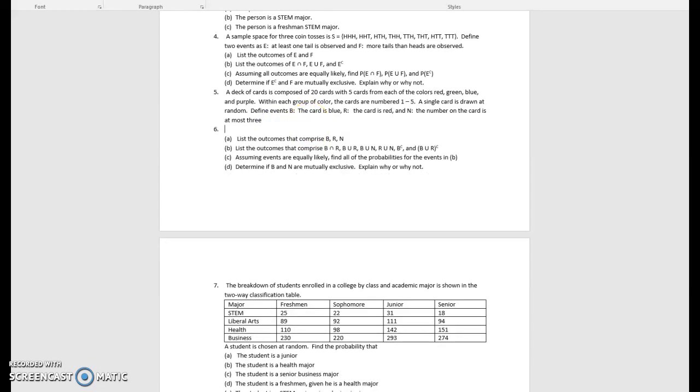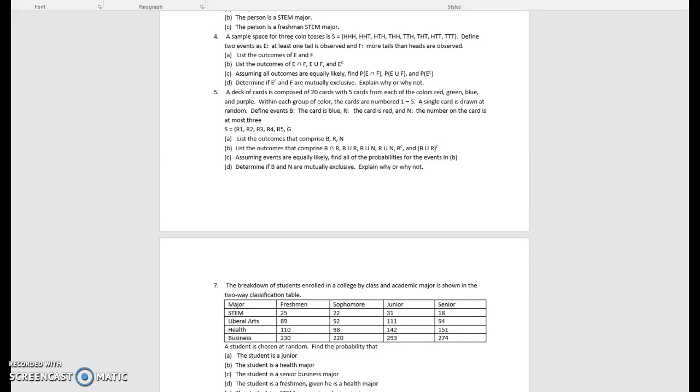Okay, now before we actually start answering the questions, let's just list our sample space. So we have red, green, blue, and purple cards, and they're numbered 1 through 5. I'm going to just say R1 for red 1, red 2, red 3, red 4, red 5.